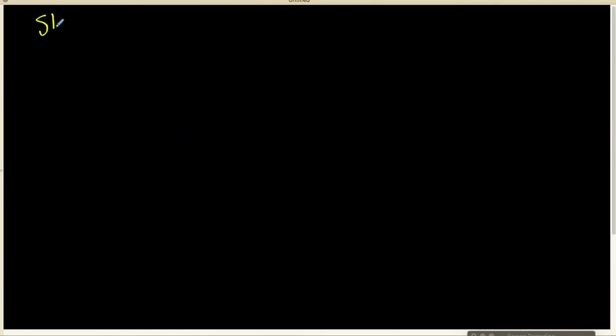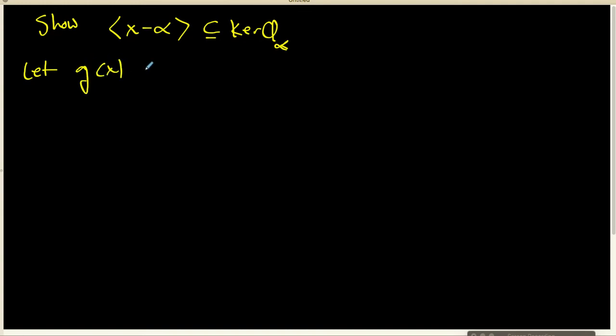In other words, we need to show that the principal ideal generated by x minus alpha is a subset of the kernel of phi sub alpha. Now this is actually much easier than the first inclusion. Let's just let g of x be anything inside this principal ideal.